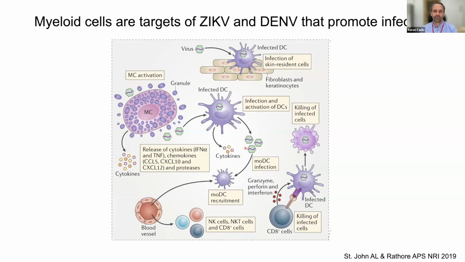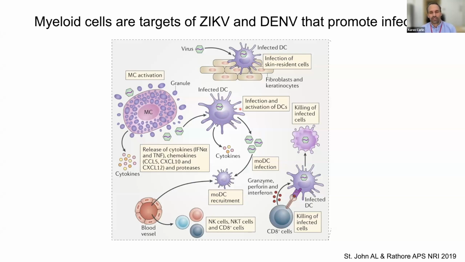At later time points, it's thought that the adaptive immune system kicks in and starts destroying infected cells and allows for control of viremia later in disease. So in this case, your innate immune system is a primary target of infection and basically helps to propagate the virus.